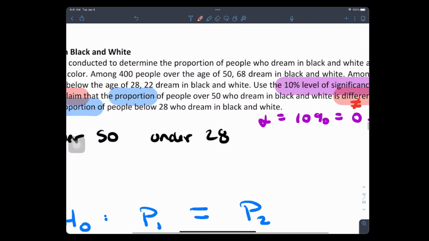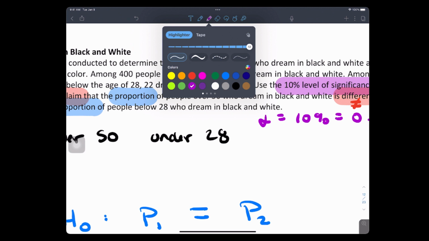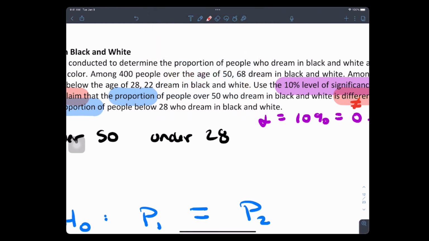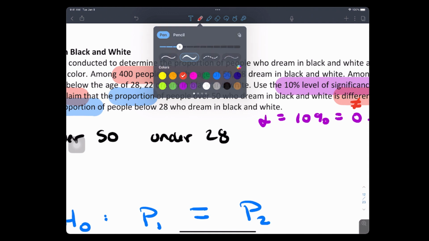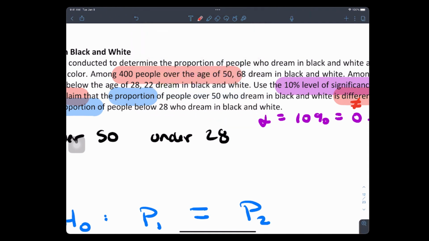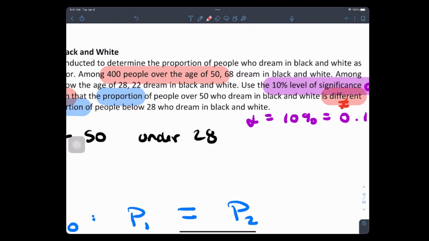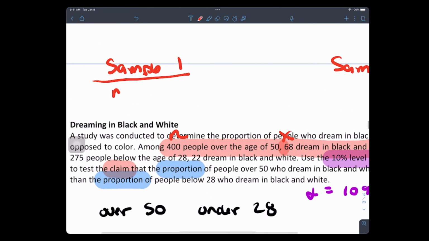Among 400 people over the age 50, 68 dreamed in black and white. Okay, that was my successes. Is that true? What is the 400? And what is X? 68. So this is the older group.